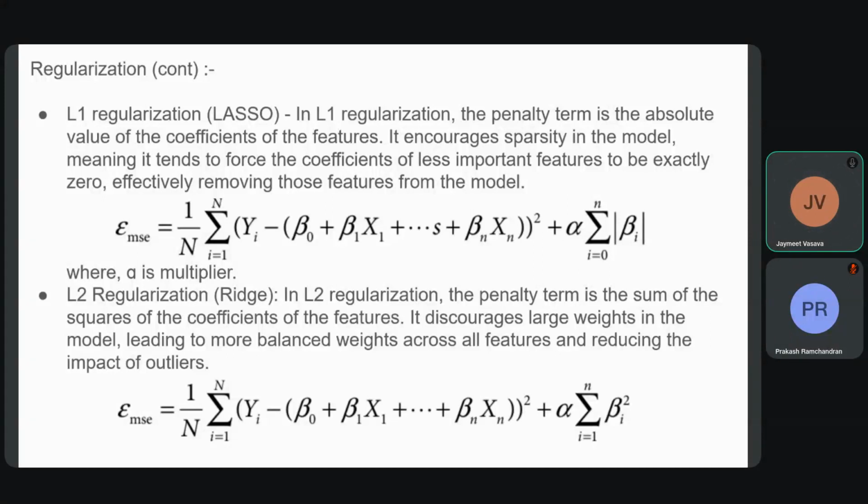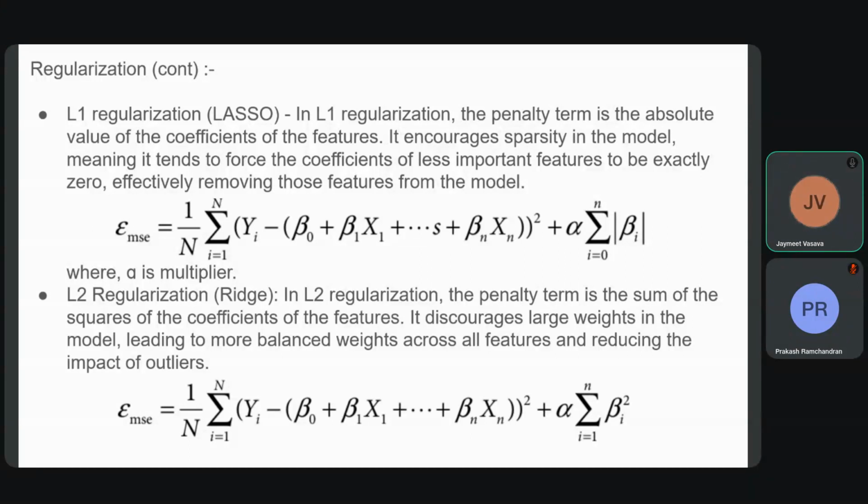So in this case, our error term becomes 1 by n summation of i equals 1 to n of (y minus (beta 0 plus beta 1 x1 up to beta n xn)) whole squared, plus alpha times the summation of i equals 1 to n of beta i squared.